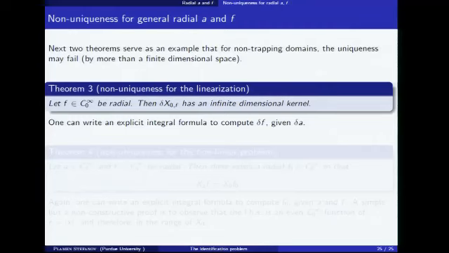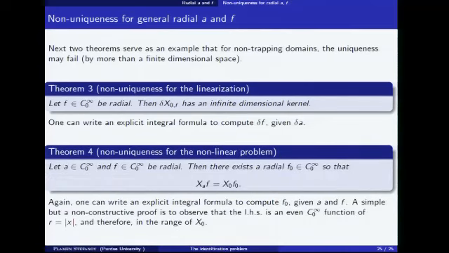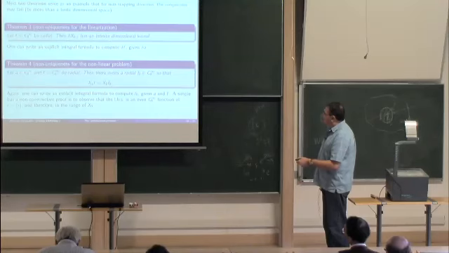Okay, so this is the theorem. So take F radial and C0 infinity, and then the linearization has an infinite dimensional kernel, which I explained on the previous slide. But what is more interesting is actually the nonlinear problem, of course. And here is the result.